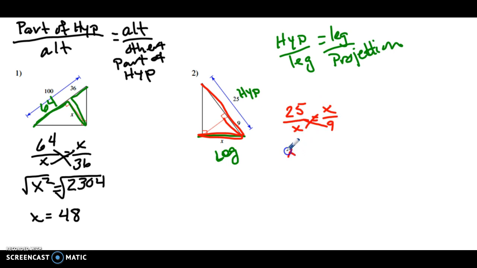And I cross multiply. X squared equals 25 times 9. 25 times 8 is 200, so 25 times 9 is 225. And I'm going to take the square root and the square root. I also happen to know that that's a perfect square. 225 is a perfect square, and it is 15.